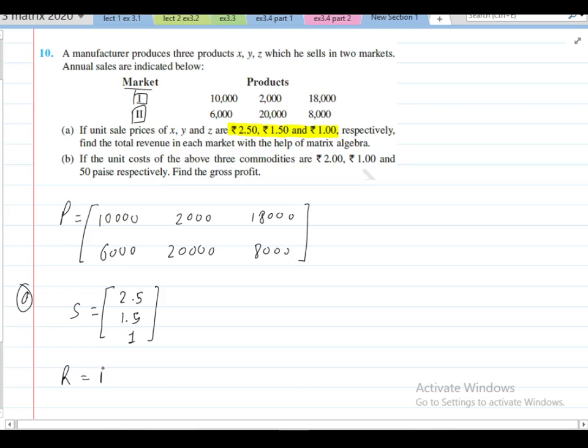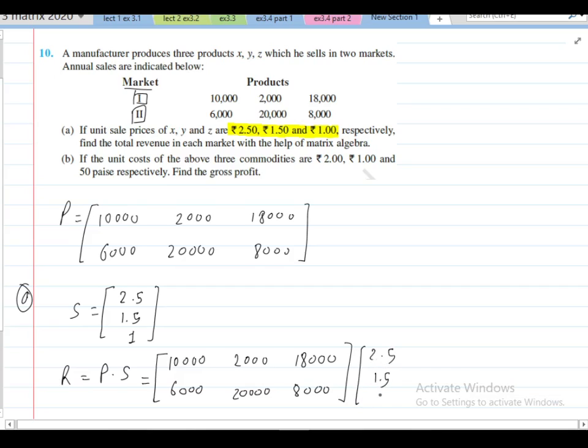The revenue is production into sale. Simple. Production is available: 10,000, 2,000, 18,000, and 6,000, 20,000, 8,000. And 2.5, 1.5 and 1.